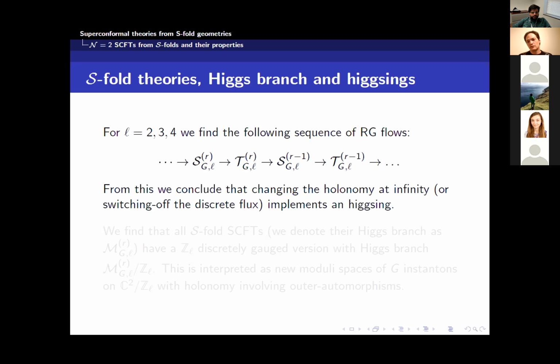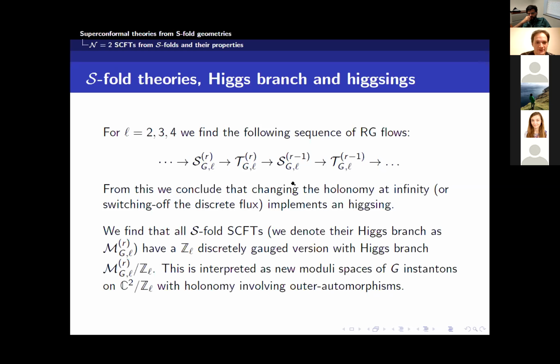If I just move them away from this point, but keeping them along the 7 branes, then the D3 branes don't perceive anymore the Z_L action, they just see the 7 brane. So all these theories can be Higgsed to the G instanton theories of rank R. This is another RG flow I have, which is combined with this sequence.